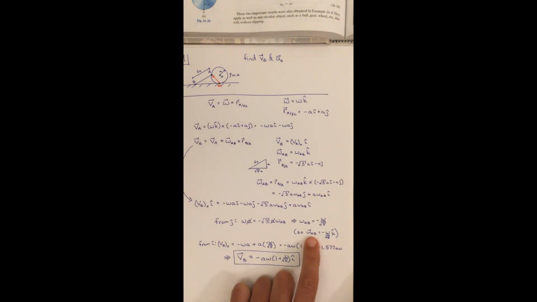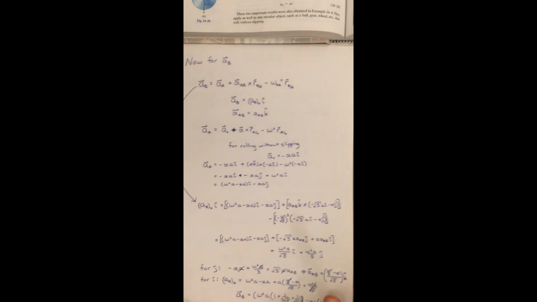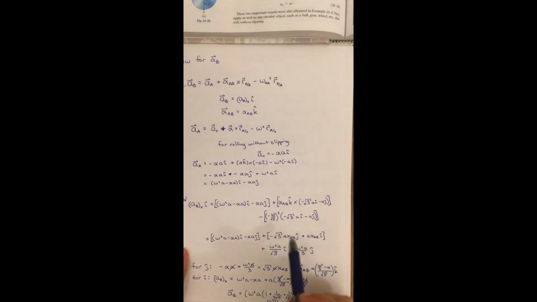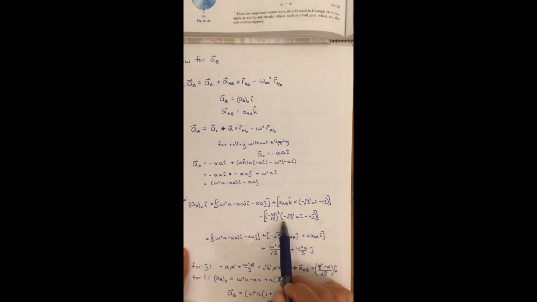So angular velocity of AB is equal to negative this angular velocity divided by the square root of 3. So that goes in here, that's squared, and then my position vector here is the same thing that I had before. Okay, so we're going to keep this the same.